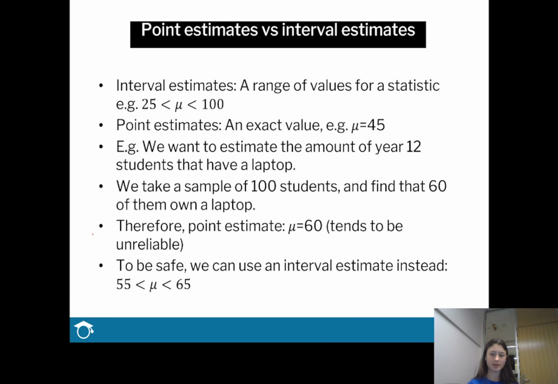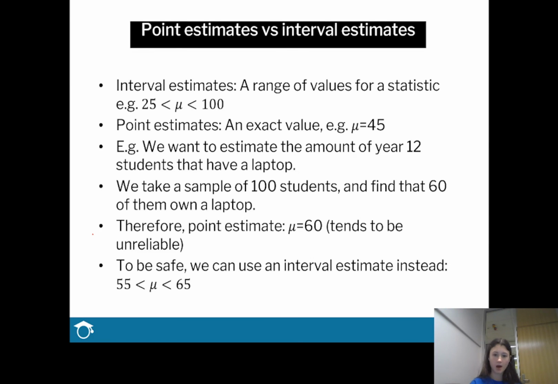A point estimate is saying what's the probability of this exact occurrence, and an interval estimate is saying what's the probability of the value lying between these two limits. So we don't typically use point estimates for continuous random variables because the probability of a specific number occurring is basically nothing. We typically use interval estimates for continuous random variables, and maybe more so point estimates for binomial distributions.